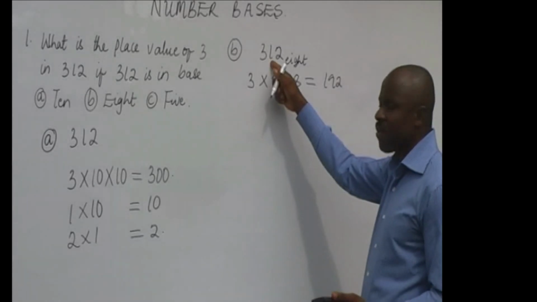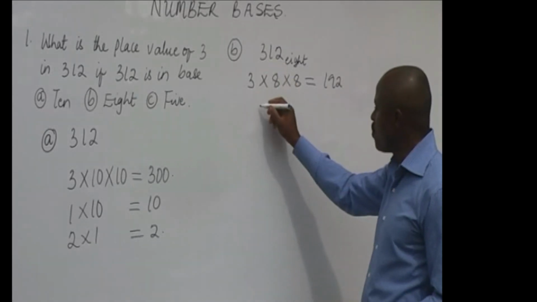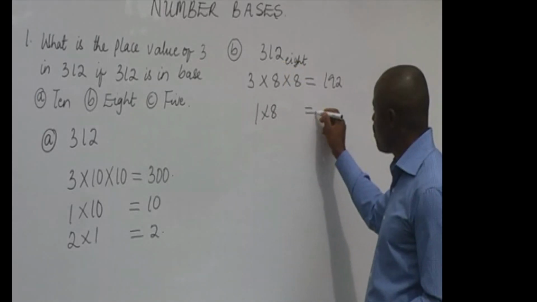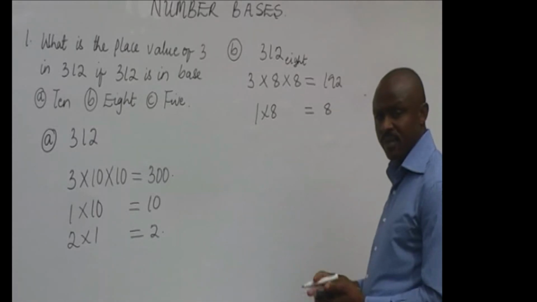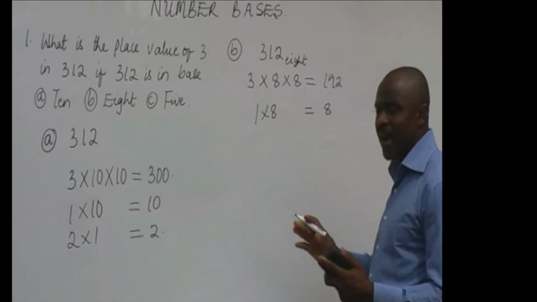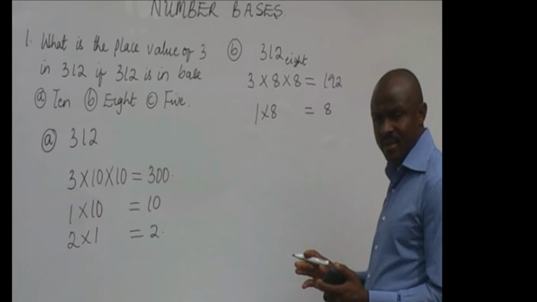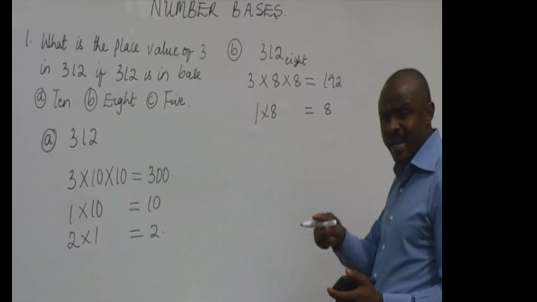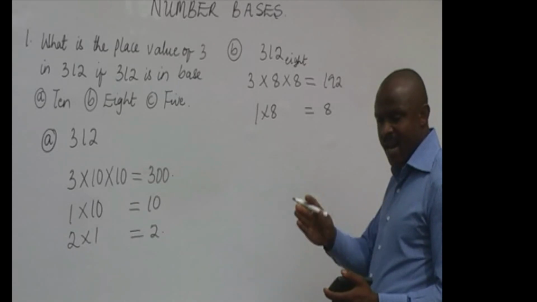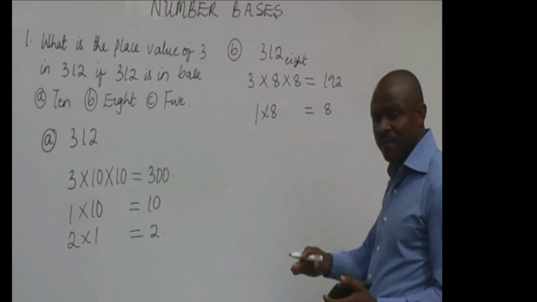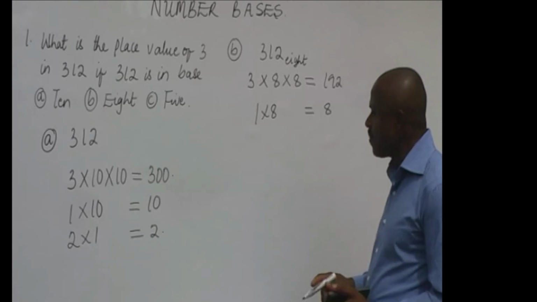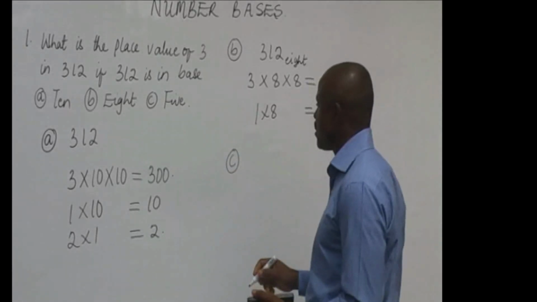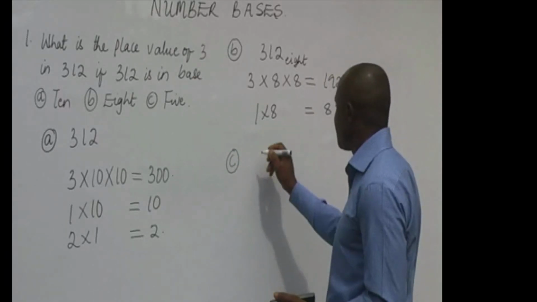Likewise, if they say the place value of 1, you know it's going to be 1 times, because of the next digit, 8, which will give you 8. It is in that procedure. So whatever base, use that base to keep multiplying what you are finding its place value by the number of digits that are left after that number. So question number C is synonymous, base 5.